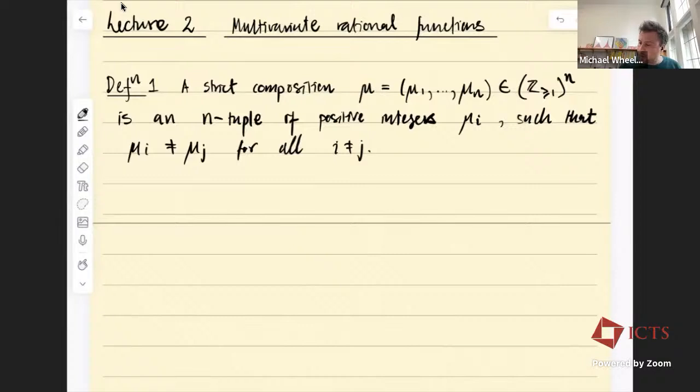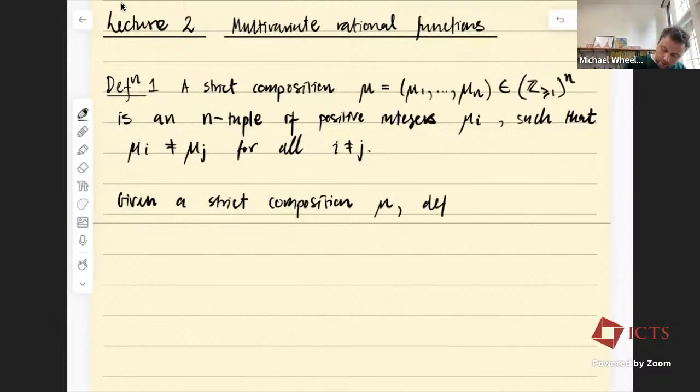All right, so given a strict composition, we will want to have a way to map it to what I'll call a string. Given a strict composition mu, I will define S of mu. S of mu is going to be a vector that's infinite in one direction.